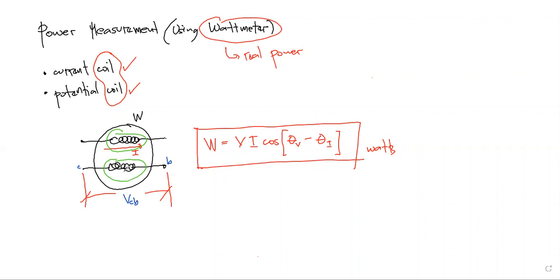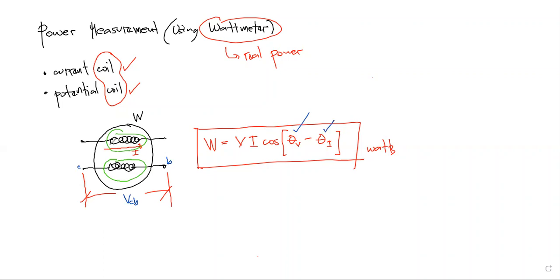Why is it important to have the correct notation of the voltage? It will be used in the calculation of the cosine of the angle between the voltage and the current.